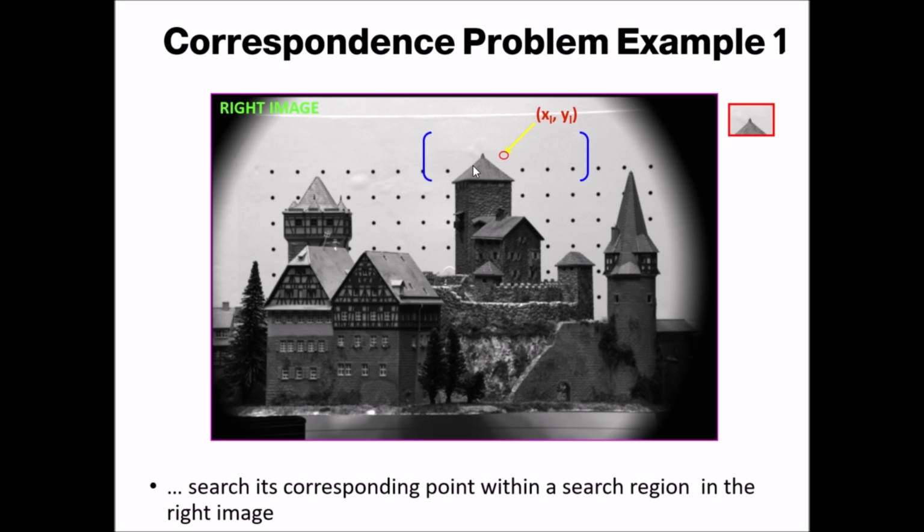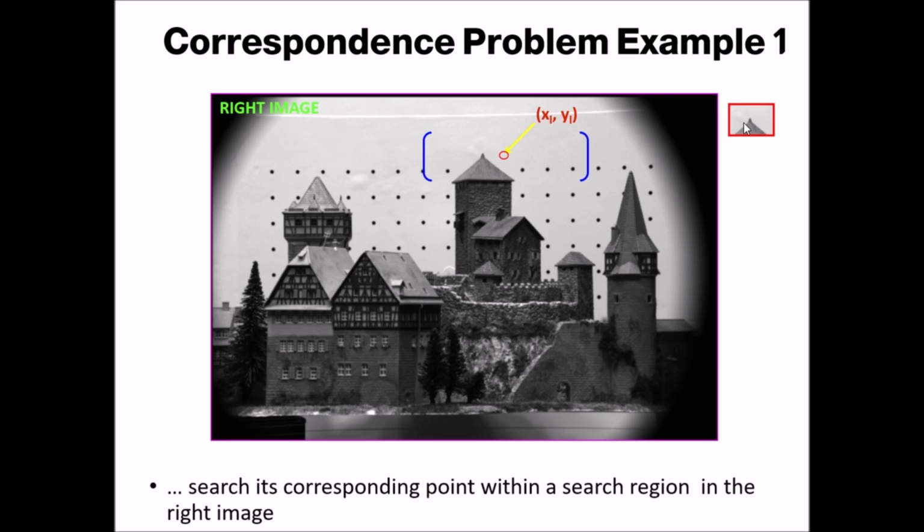Now we are in the right image. We know that our change is usually on the X axis. So we try to take many pixels on the X axis, which is now here, we will take many windows on this area. Then we try to compare the match between that window from the left image to the right image, window by window.